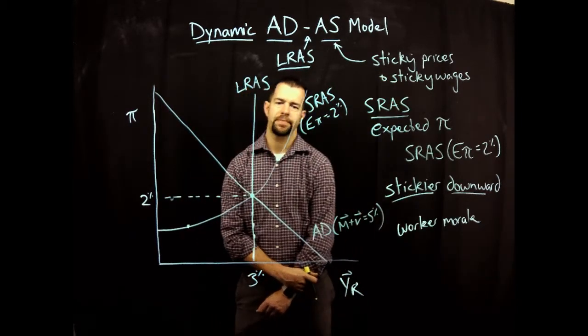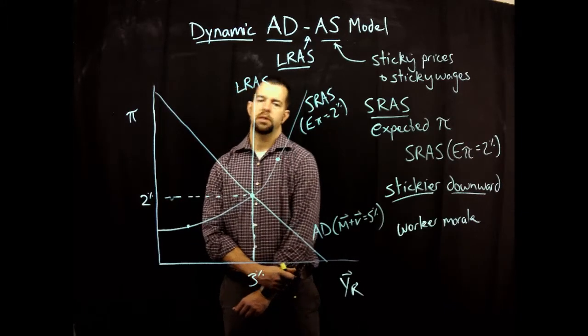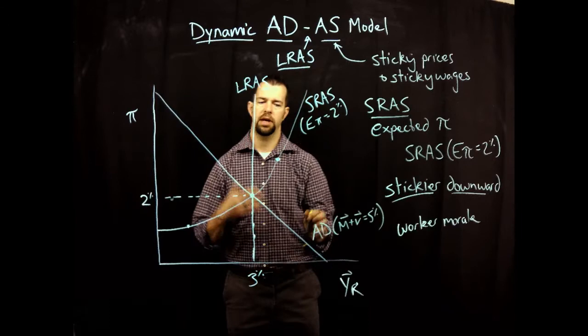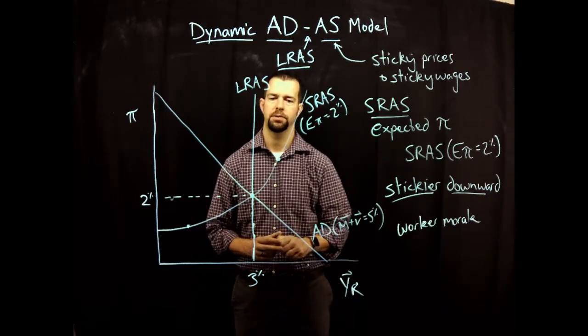Now, if we were to shift the aggregate demand curve out to the right, then we would have what is called a positive shock. Okay?